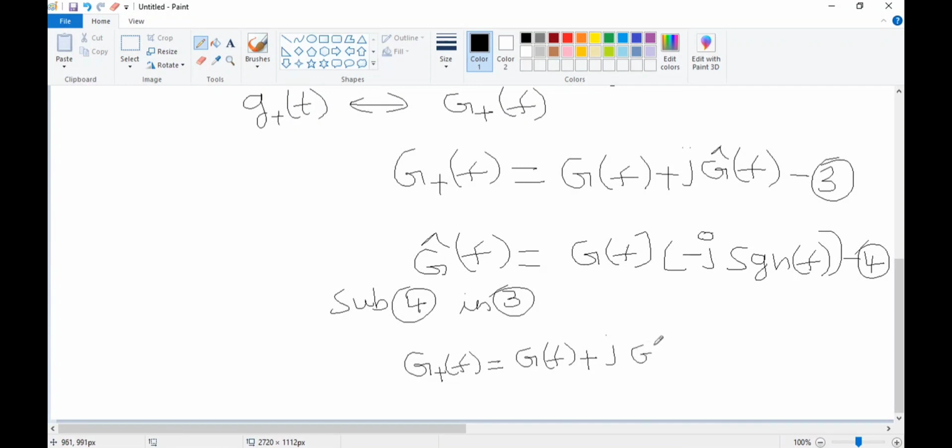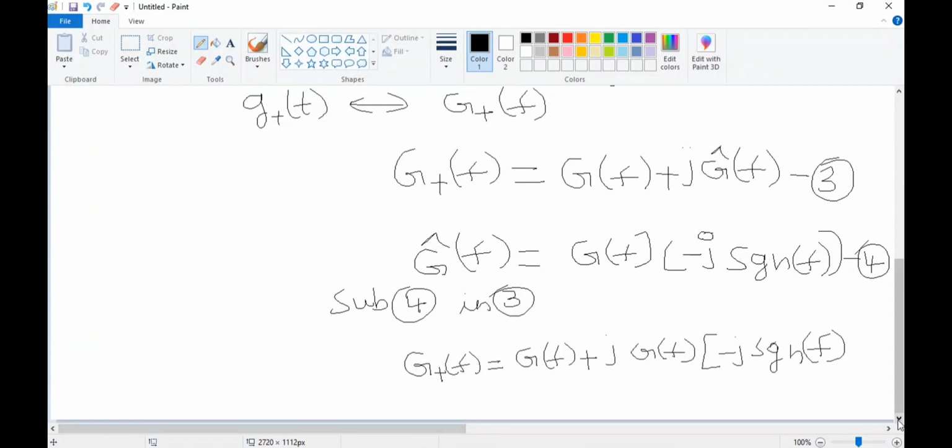In place of G cap of f, I'll substitute G of f times minus j signum of f from equation 4.